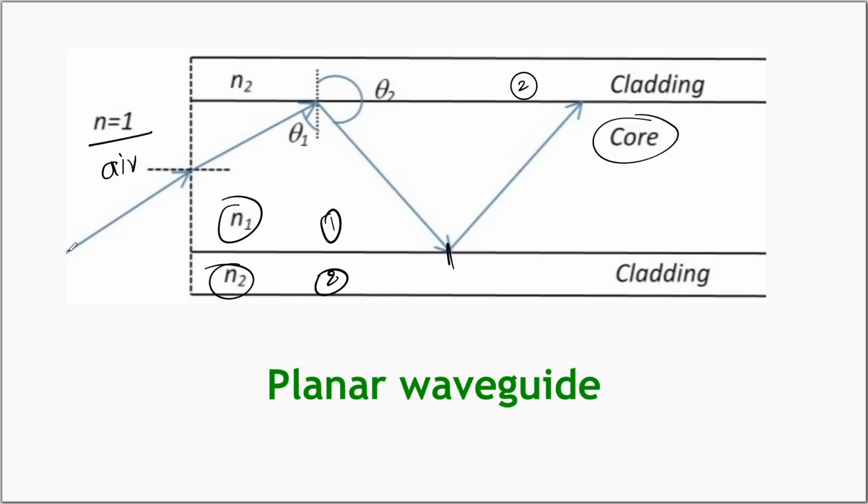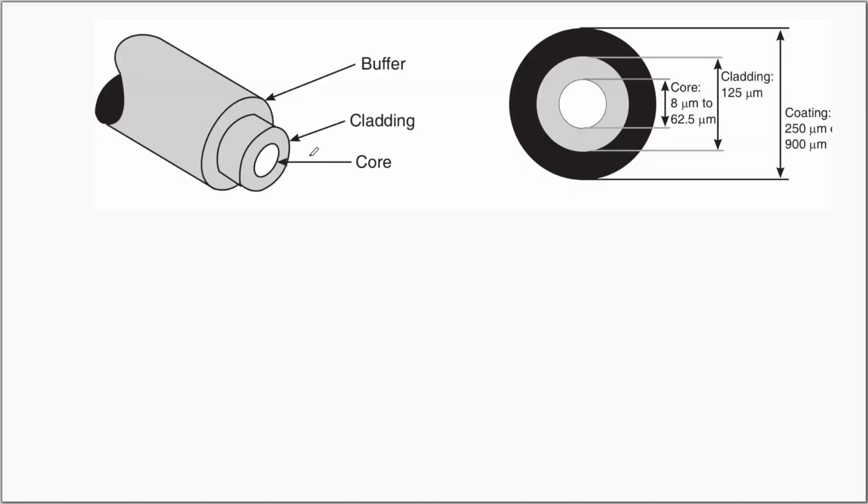As a result, light entering the arrangement will propagate from one end of the arrangement to the other end. If you take these three in the form of rectangular slabs, then you call such an arrangement a planar waveguide. Suppose you take the core in the form of a cylinder and the cladding also in the form of a cylinder, then what we have is an optical fiber.